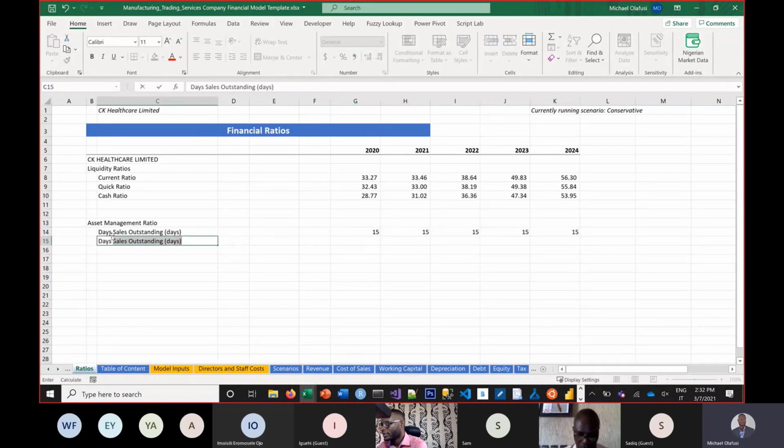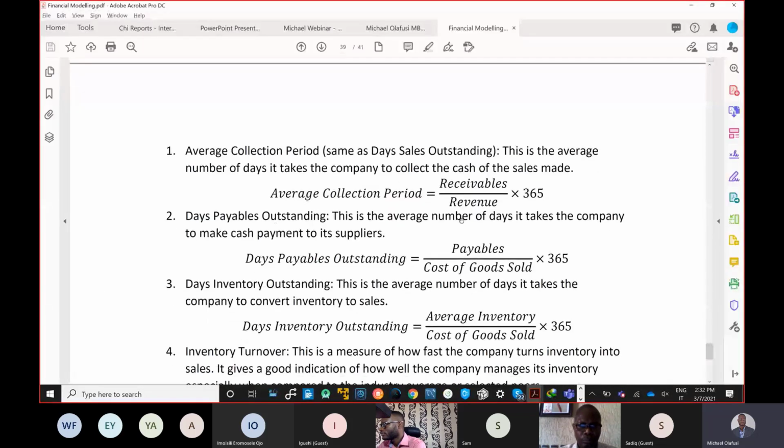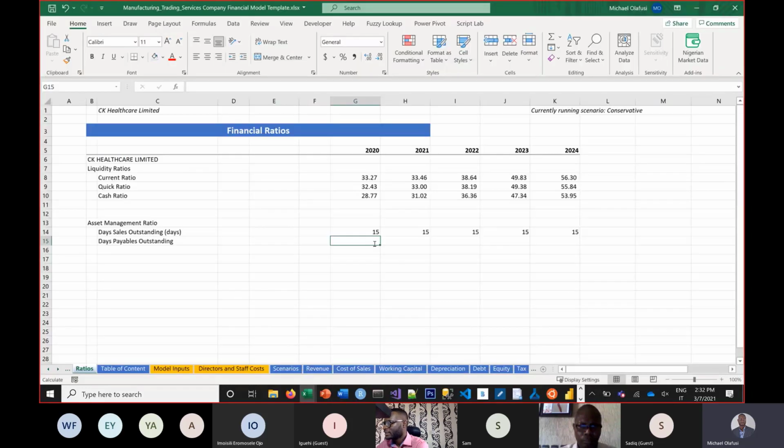We are going to also do the next one, which is days payable outstanding. How many days typically does it take you to pay your suppliers? So that is linked between payable and cost of goods sold.